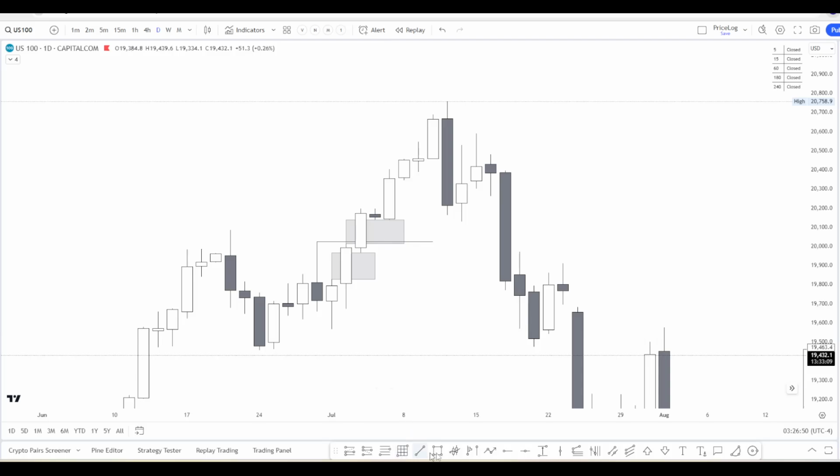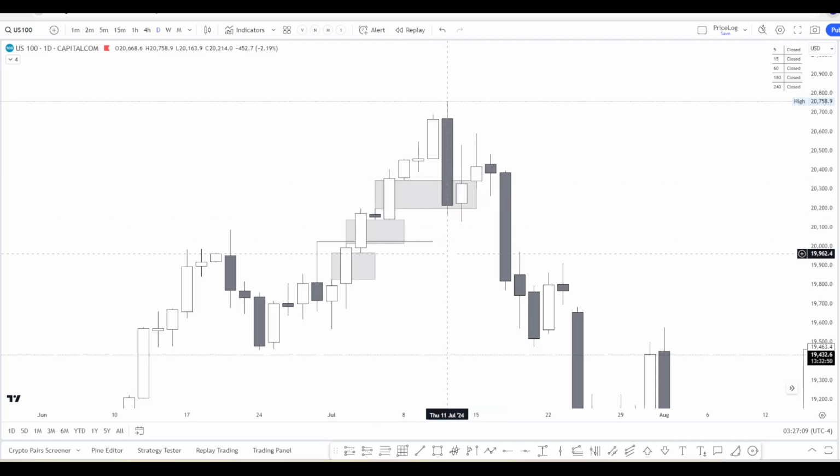Same as the next, we get a big displacement out. We will look for another bullish candle. We get that bullish candle, but we don't get any fair value gap. There's no displacement. In this particular time, we will have to sit and wait.